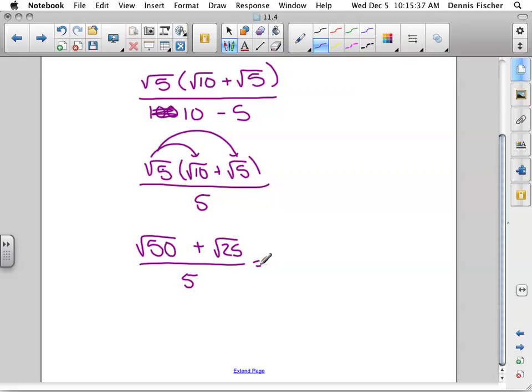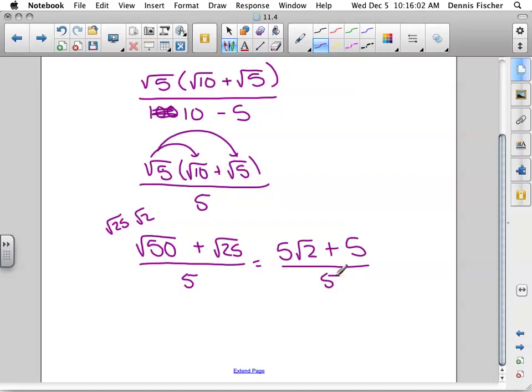Can we break those down? Square root of 50 is square root of 25 times 2, correct? Square root of 25 is 5, so we get 5 square root of 2 plus square root of 25, which is 5, over 5.